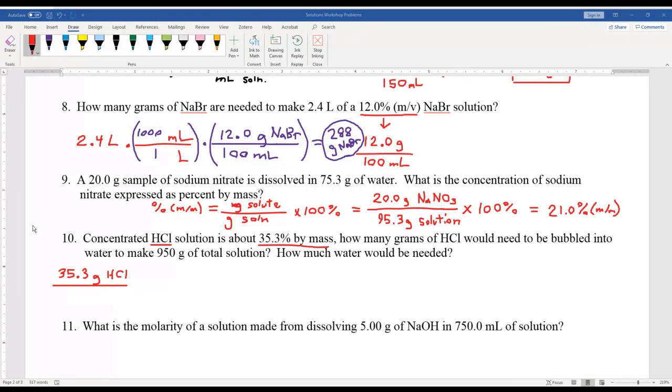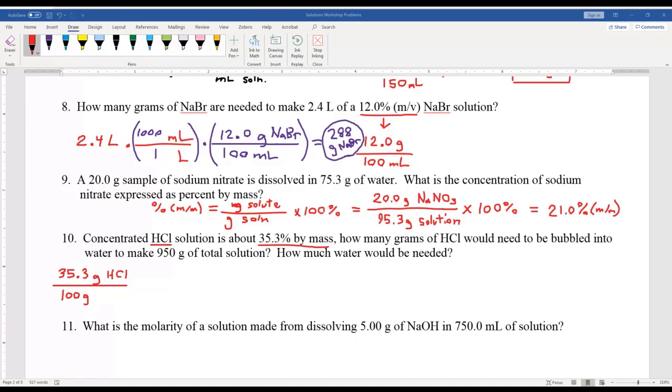Yeah, that's right. So 35.3 out of 100, so the 100 will be on the bottom. It's percent by mass, so it's 100 grams. And it's 100 grams of what? Not HCl, because remember, percent is always the part divided by the whole times 100.